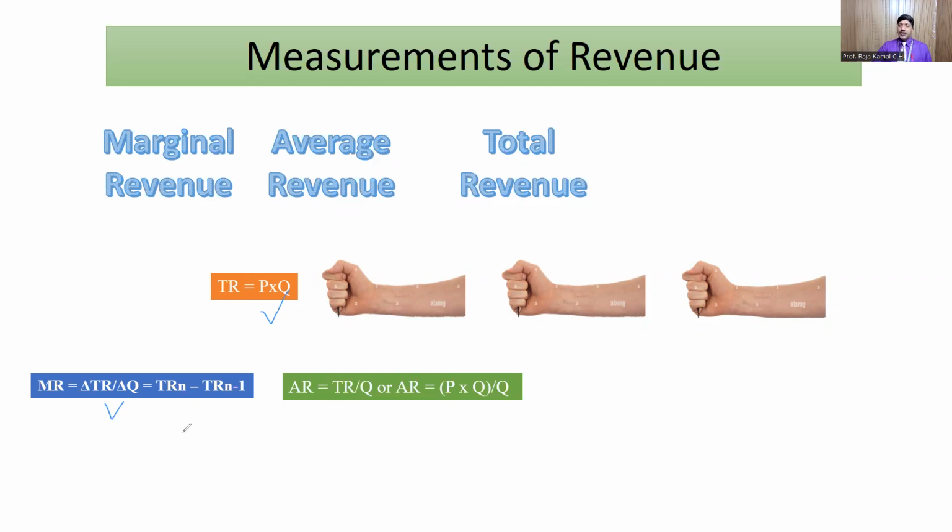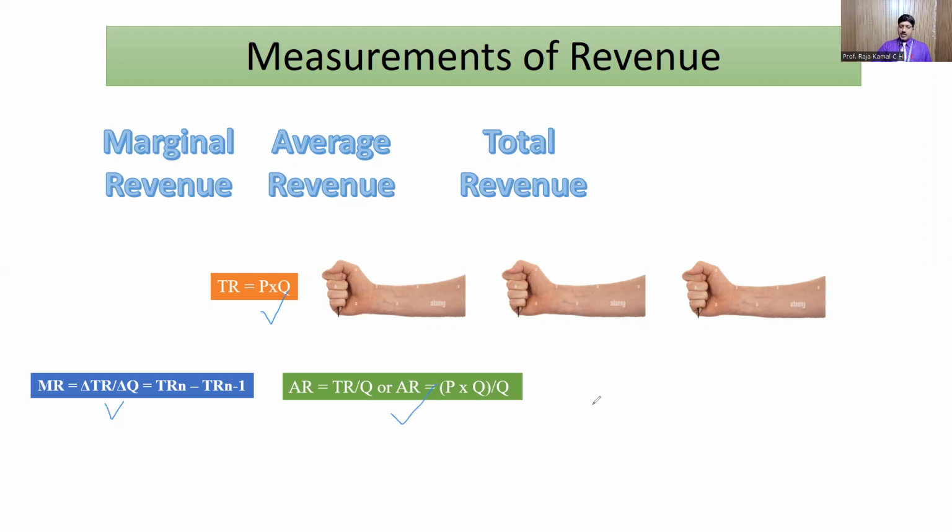Initially, I produced 100 units. Now, I increased my production from 100 to 110 units. The total revenue change was 10 and the quantity change was 10, 10 divided by 10 is equal to 1. When it comes to the average revenue, it is the total revenue divided by quantity.